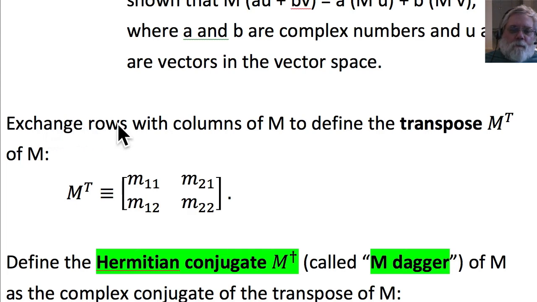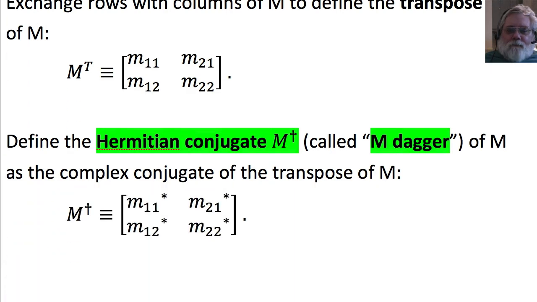So it used to be that the first row was M11, M12, but now that's our first column, M11, M12. Our second row used to be M21, M22. Now that's our second column, M21, M22. M^T is the transpose of matrix M.